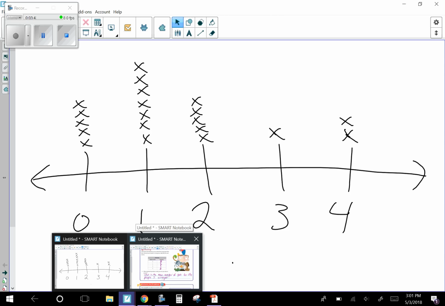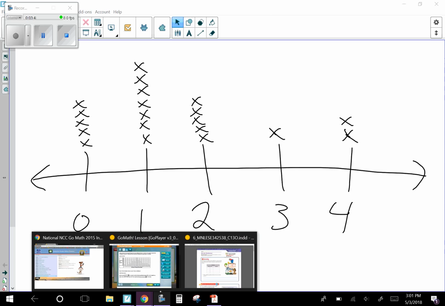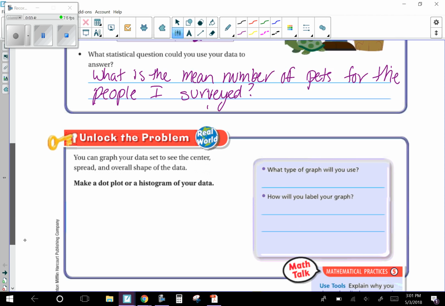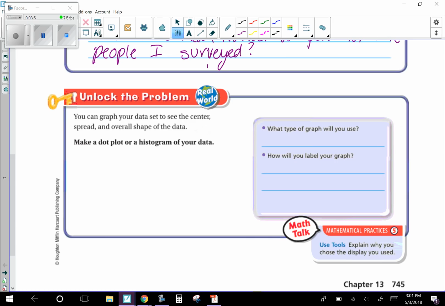Now, I chose a dot plot because there were too few values for me to make a histogram. If I were to survey my actual class, like the 27 kids in here, and take 20 of those answers, I'm probably going to have more than just 0, 1, 2, 3, and 4.